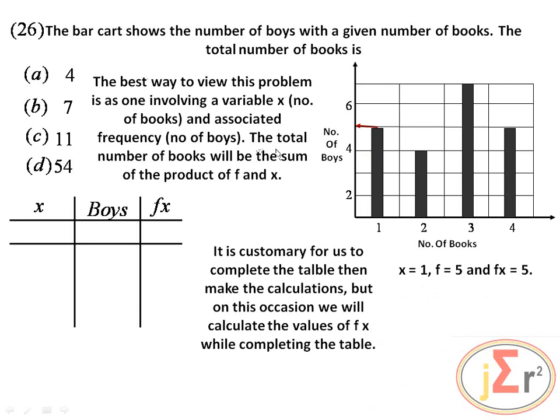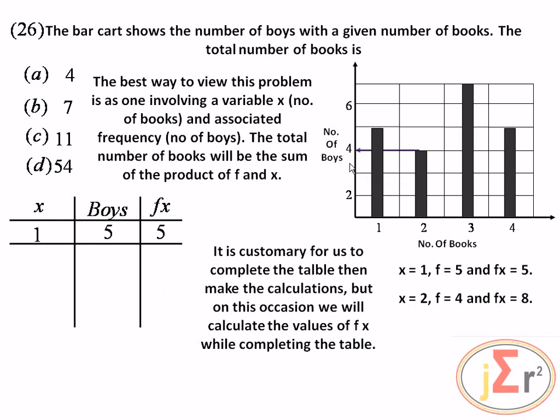So what do we have? We have 5 boys, 1 book. So we have the information right there, and then the product is 1 multiplied by 5, which is 5. Goes there. And then next we have x is equal to 2 and f is equal to 4. Fx is equal to 8.